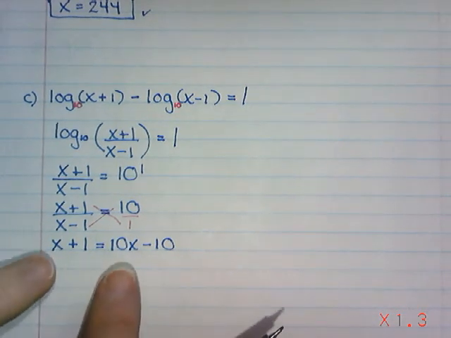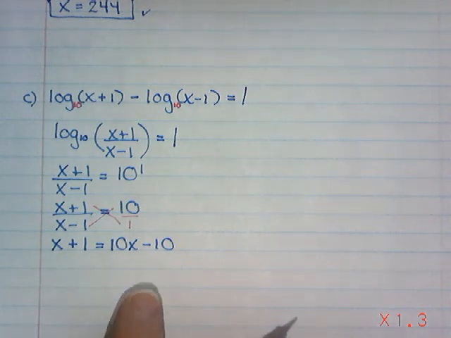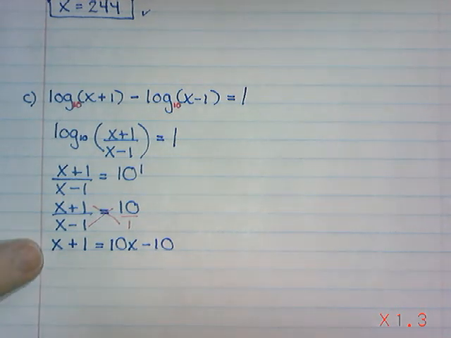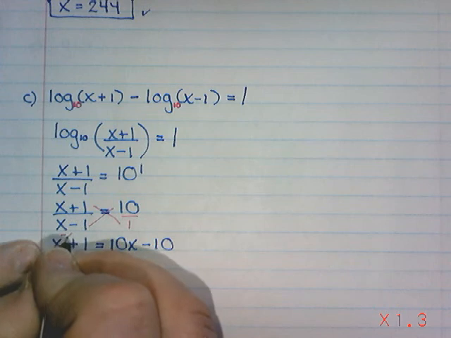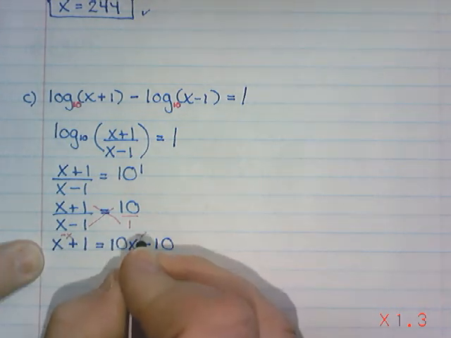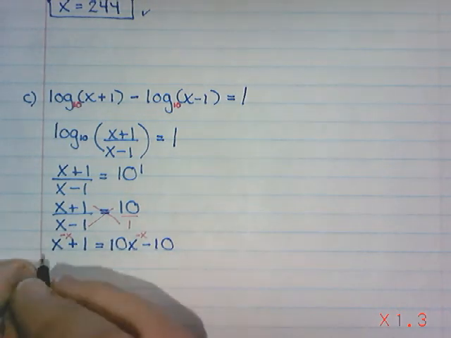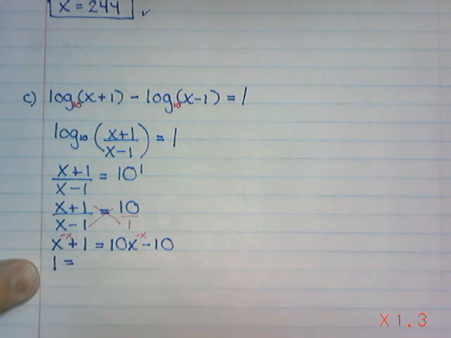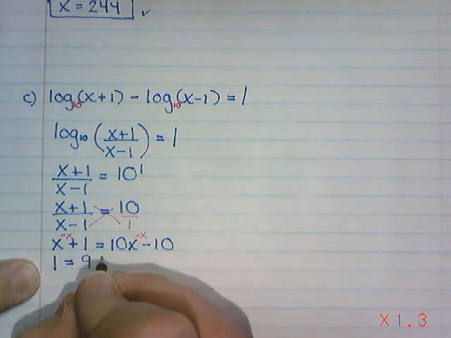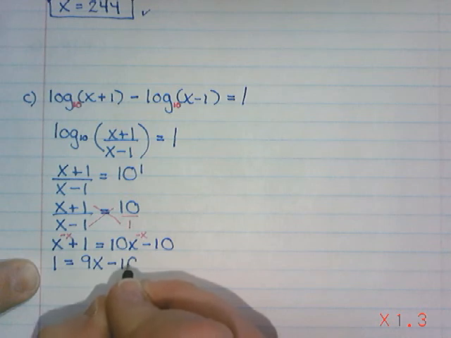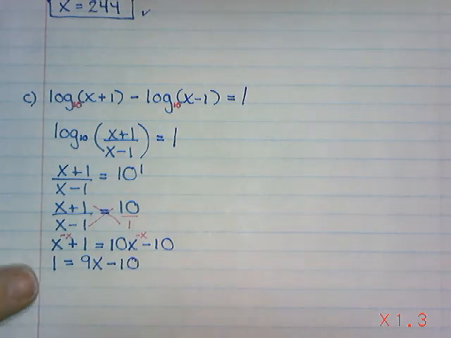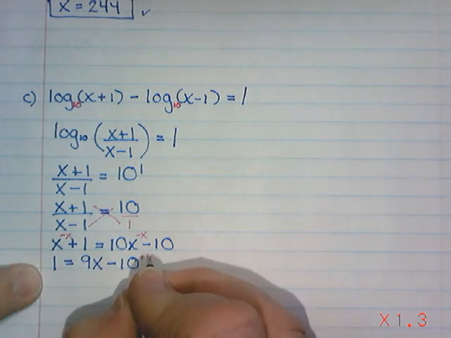All right, I do notice that I have x's on both sides. I don't really like that. So I'm going to maybe move this x to the other side by subtracting x from both sides. That leaves me with 1. 10x take away x is 9x. And then take away 10. I would then add 10 to both sides.